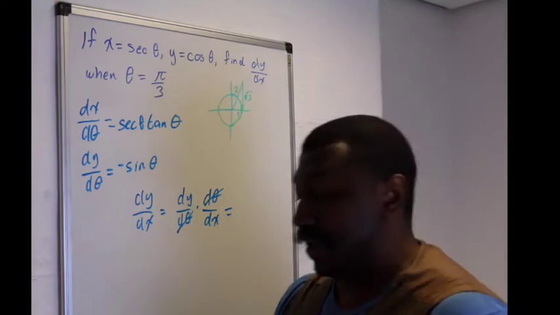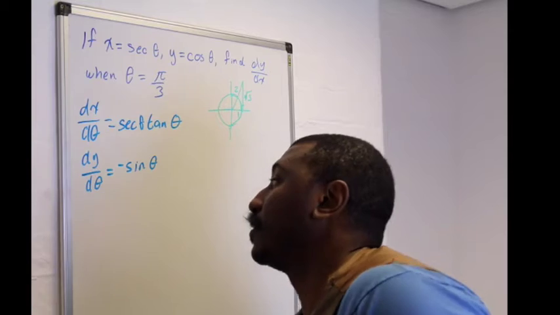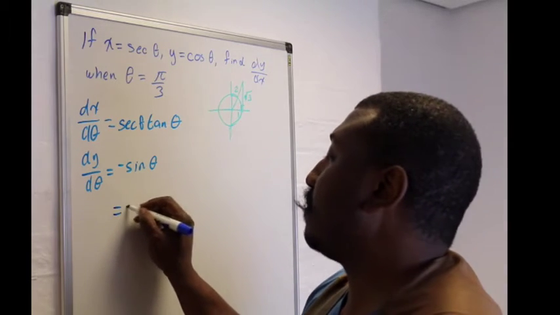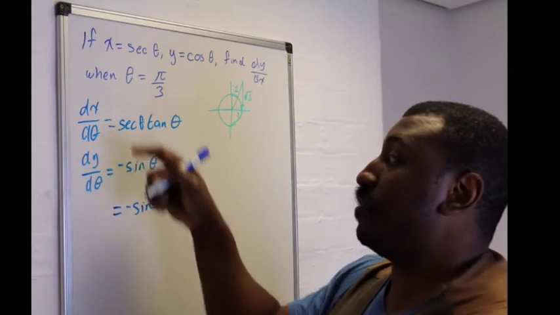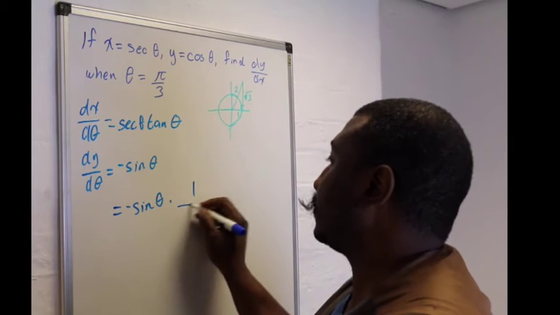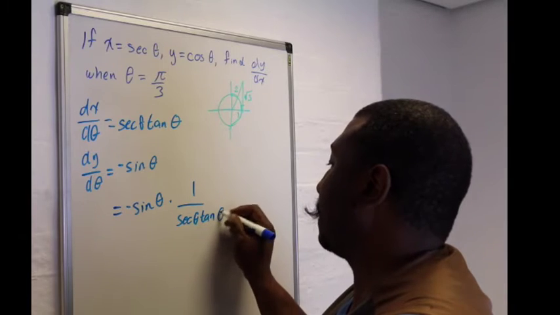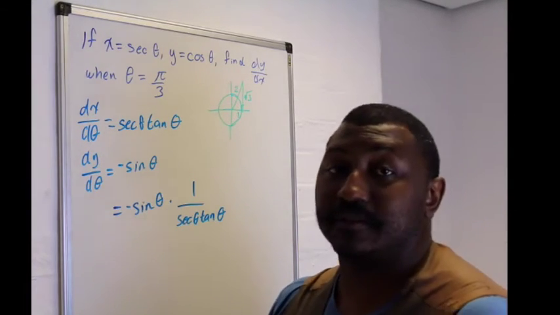So that's what I'm going to try and do. So dy by d theta, well, that gives me minus sine theta. I need to flip this over, so it becomes 1 over this value. Okay. So that gives me the equation for dy by dx.